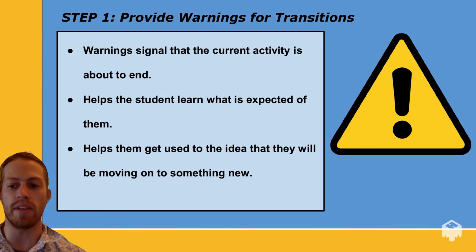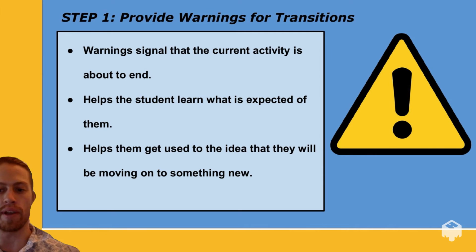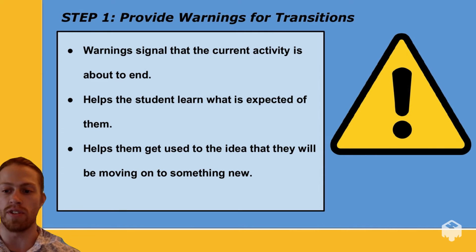So the first step is to provide a warning for the transition. And the reason that this is important is it signals that the current activity is about to end, and it gives the student a chance to finish what they are doing. Without a warning, they have no chance to finish what they're doing, and that can be stressful for a student.